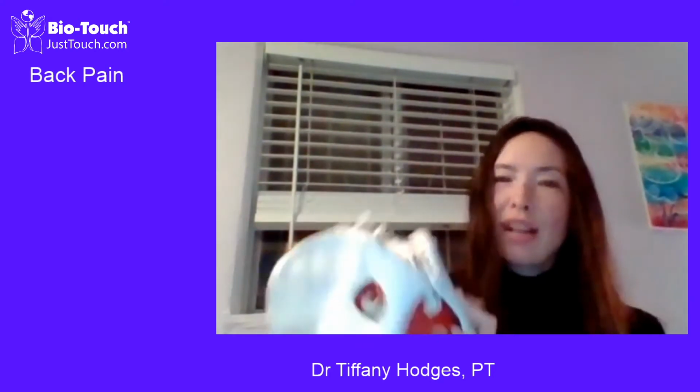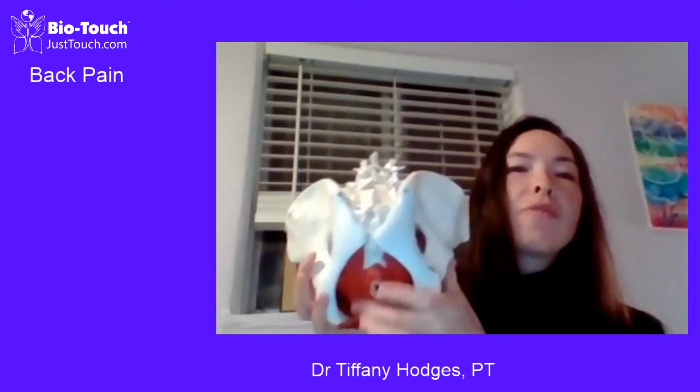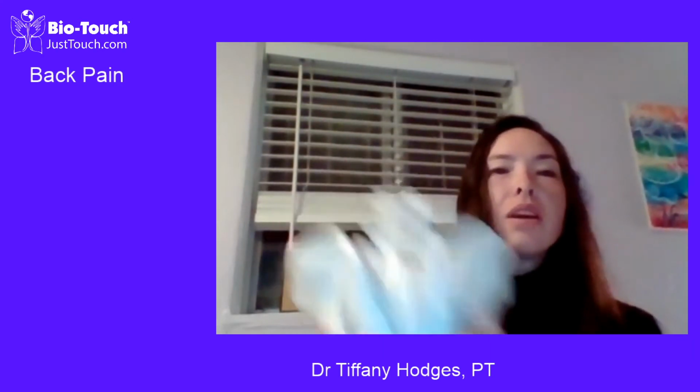And your tailbone, sorry for the graphic detail, is a key connection point for your pelvic floor muscles. So if the tailbone becomes locked up, it will actually cause your pelvic floor to become more imbalanced, which contributes to more SI joint pain and low back pain.